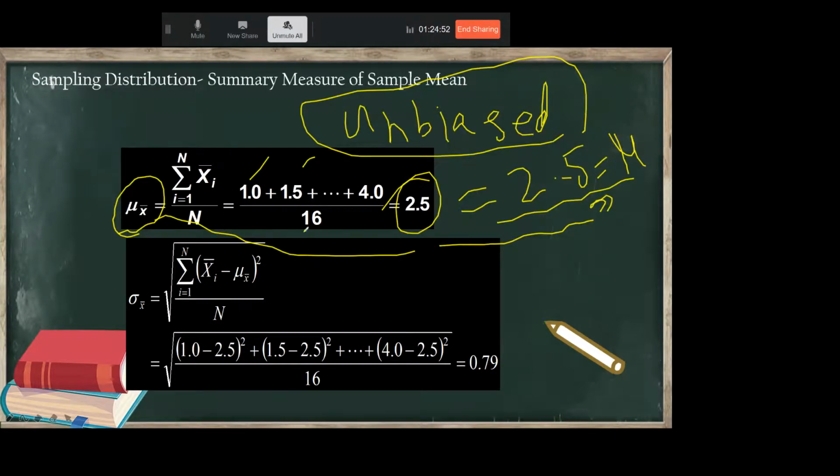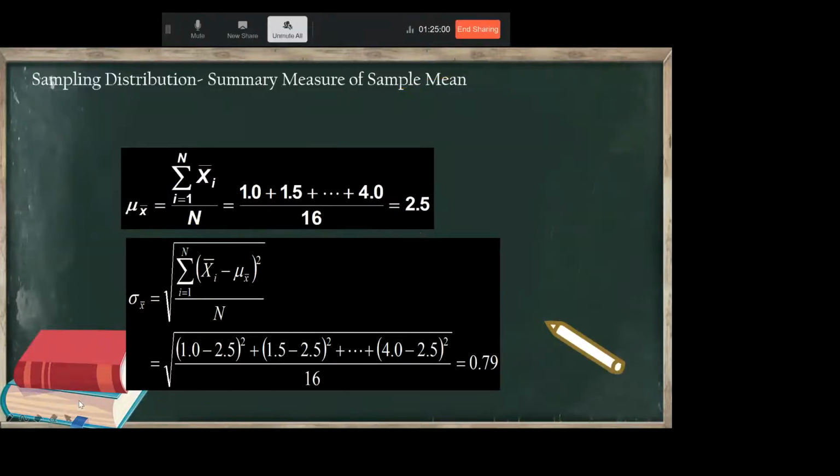Do you understand this? This is always the case. Whatever population you take, the population mean should always be equal to the mean of the sample means, right? And this shows the unbiasedness.